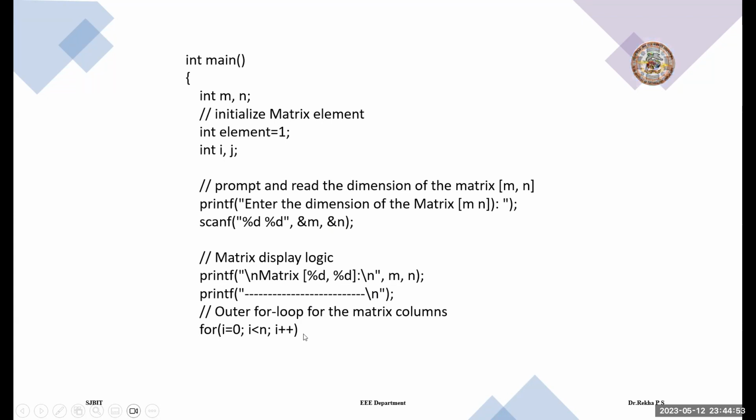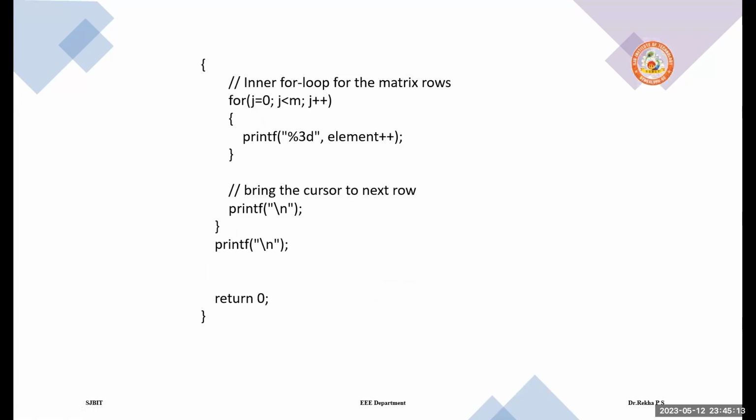So this is the outer for loop for the matrix columns. First, i will be initialized to 0. The condition will be checked whether it is less than n. If so, only then it will enter inside.